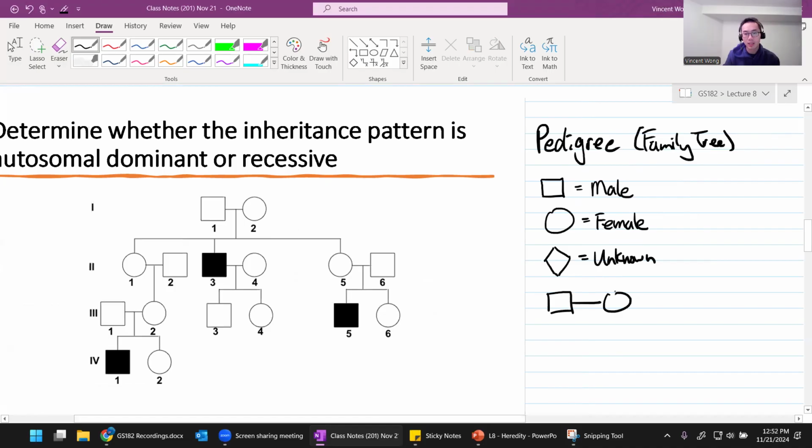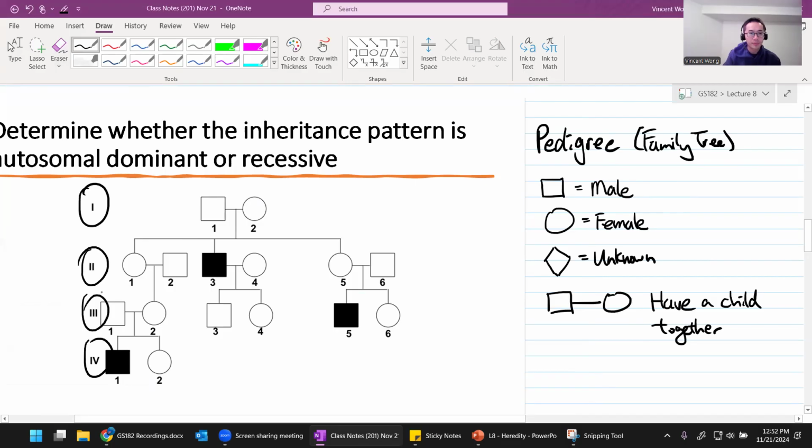This means to have kids together. Have a child together, okay? Or more than one. Roman numerals tell you the generation, and then Arabic numbers, that would be the individual of that generation.